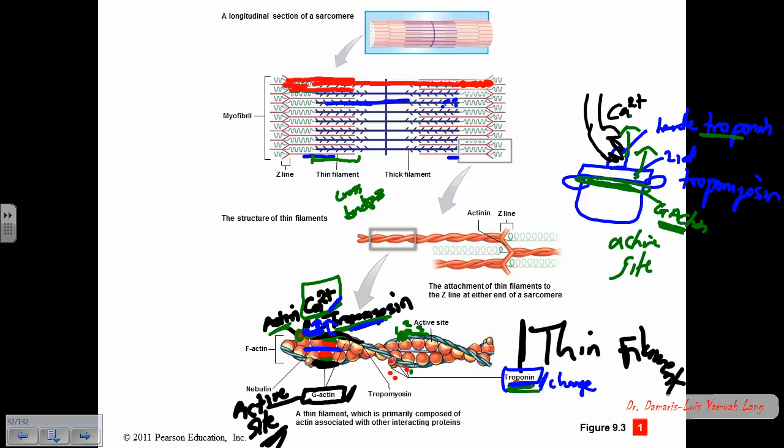Because like I said, calcium attached to what? Troponin, which is the lid. We moved it. Remove the tropomyosin and expose what? The active site of what? The G actin. So therefore, now that it's off, the myosin head can bind to it. So that's what you are seeing over here. These tiny, tiny lines are what? The myosin heads.